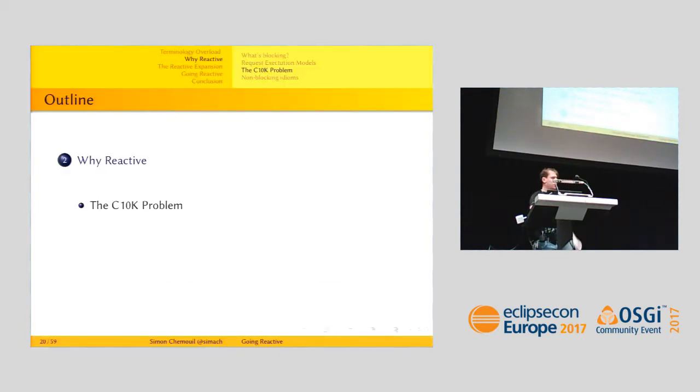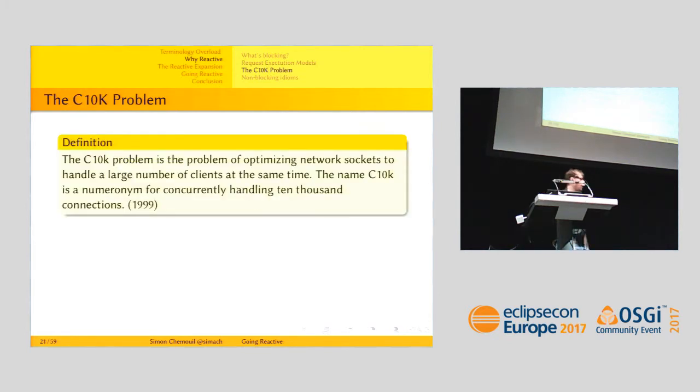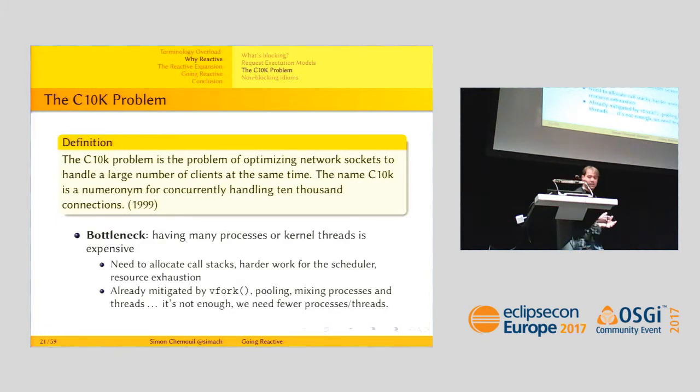So the C10K problem came, and it says basically, what happens if I want to hold 10K connections at the same time? What happens if I want 10K requests at the same time? So the guys looked at what happened, and it turns out that there is a bottleneck. If you have many processes at the same time, or many kernel threads, they cost a lot in memory.